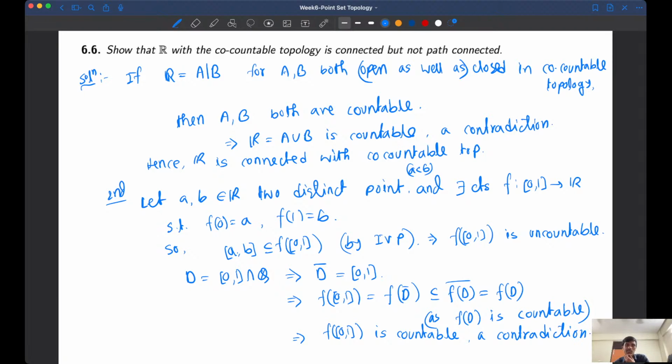Hence we must have that we don't have any path between any two points in R with this co-countable topology. Clear? Is this fine?